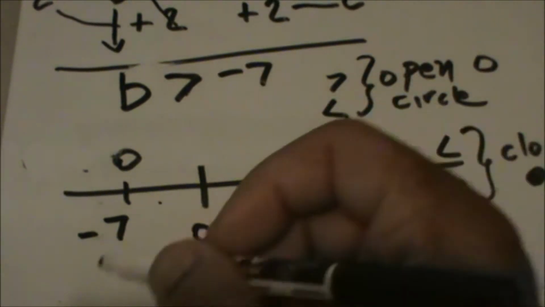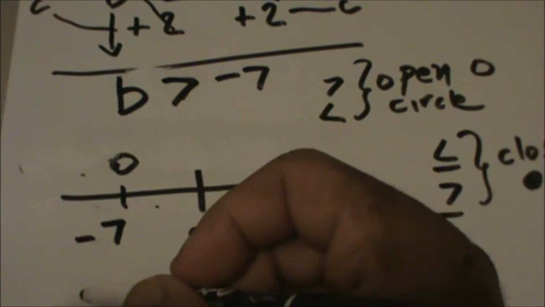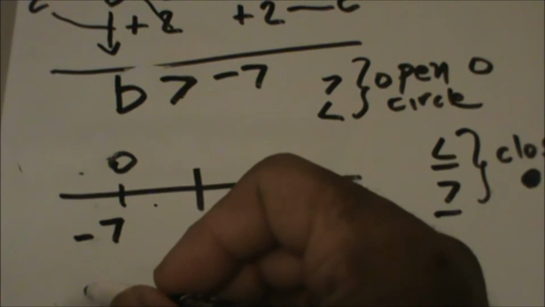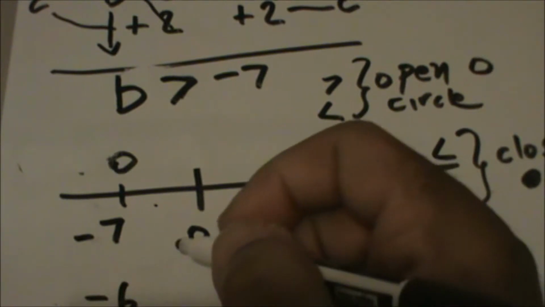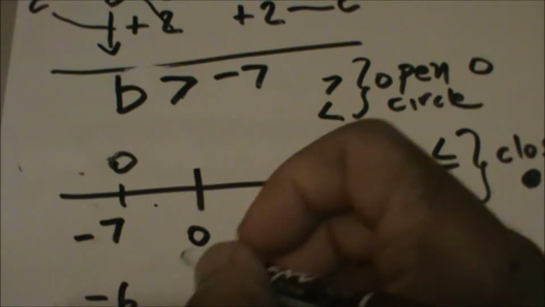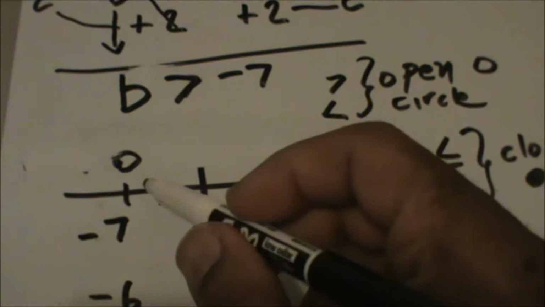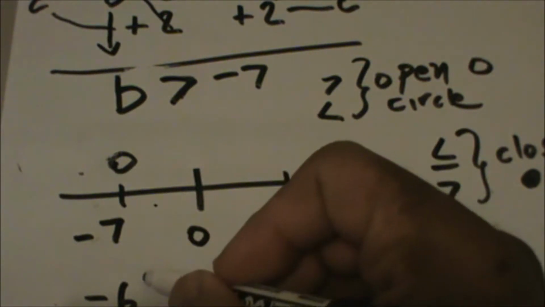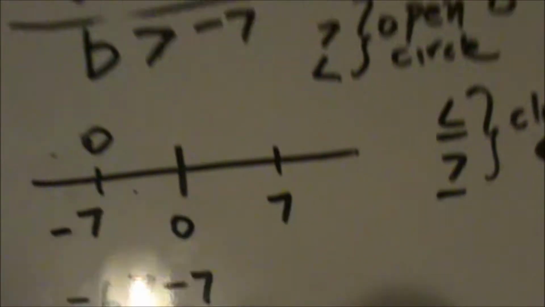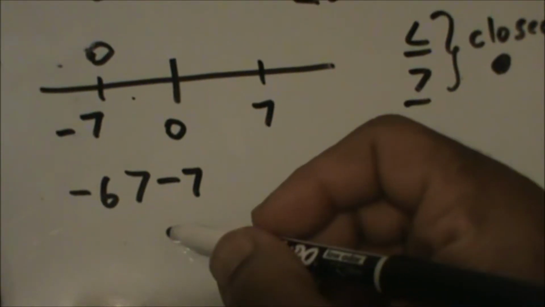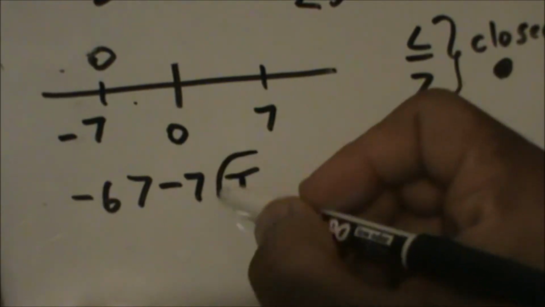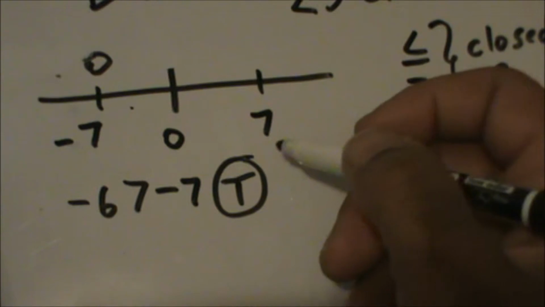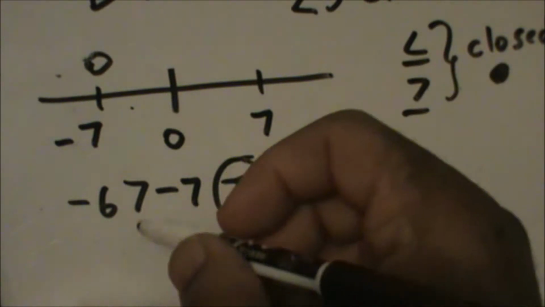Let's take any number, negative 6. Is negative 6 greater than negative 7? Yes, that's true. Negative 6 is greater than negative 7.